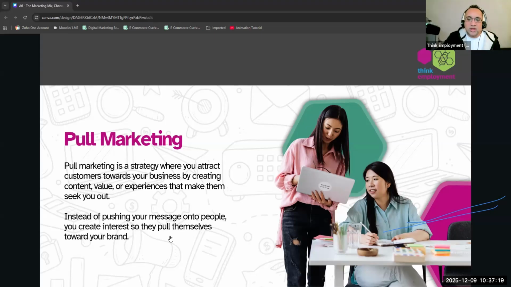Okay, so the key features of pull marketing are: value driven, focuses on helping people, relevant content, inbound approach. Customers decide to engage. It builds trust and loyalty and long-term results. It works well for targeted audiences. So if you think about push marketing, although it's slightly targeted, it could be just like everybody.